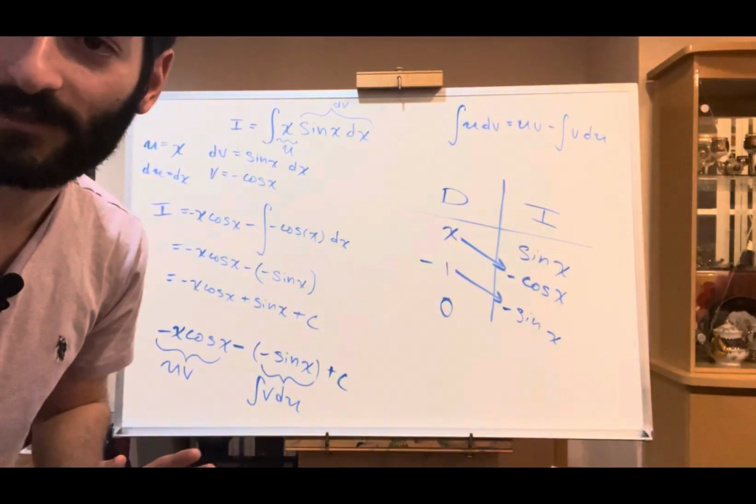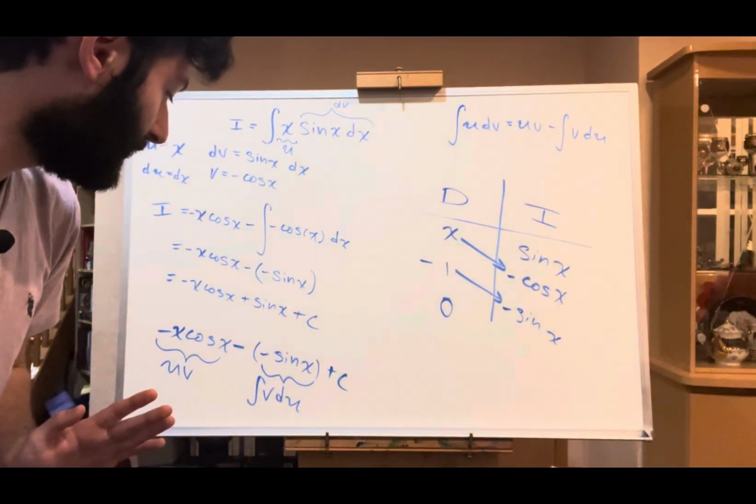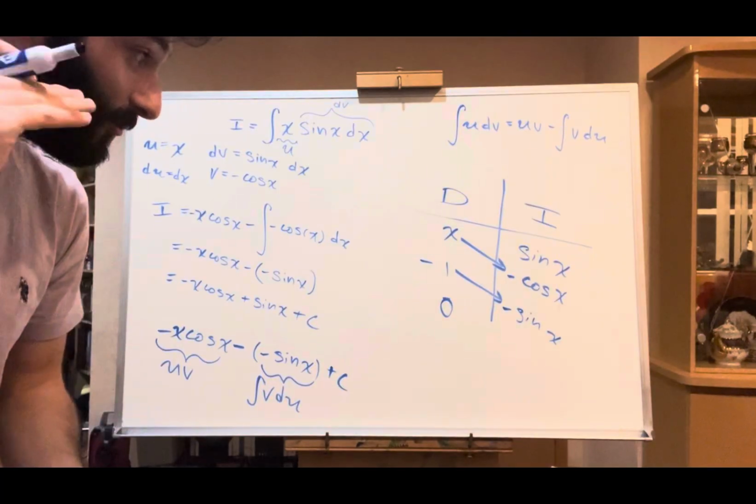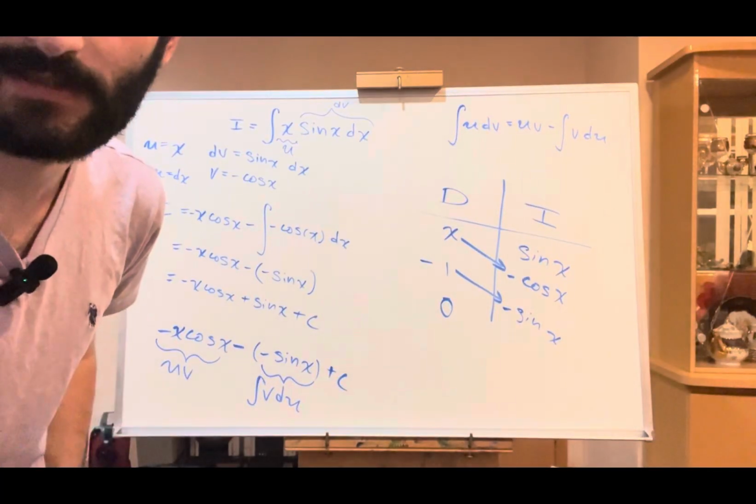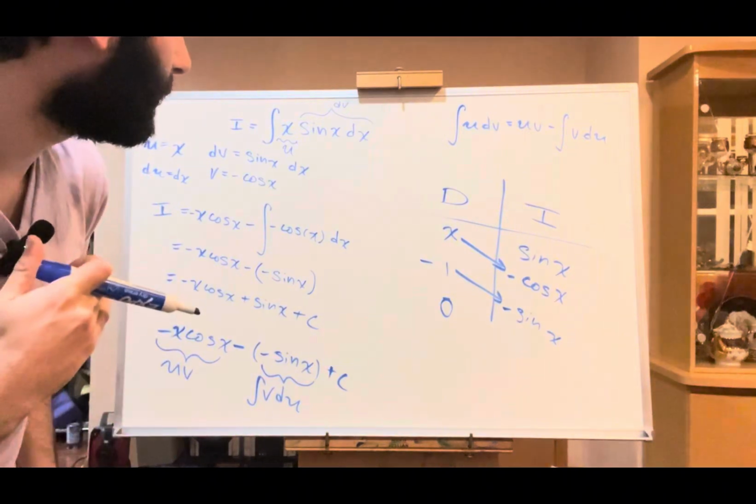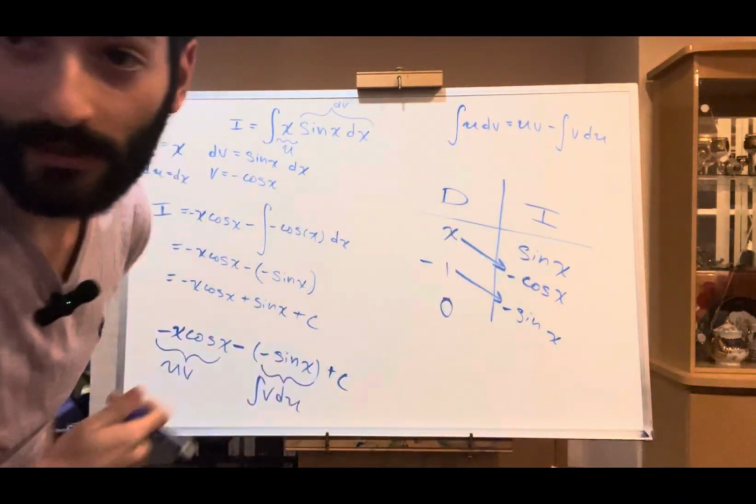So you can see the power of this, and for the rest of all the integration by parts integrals that we come across, this is the method that we're going to be using.